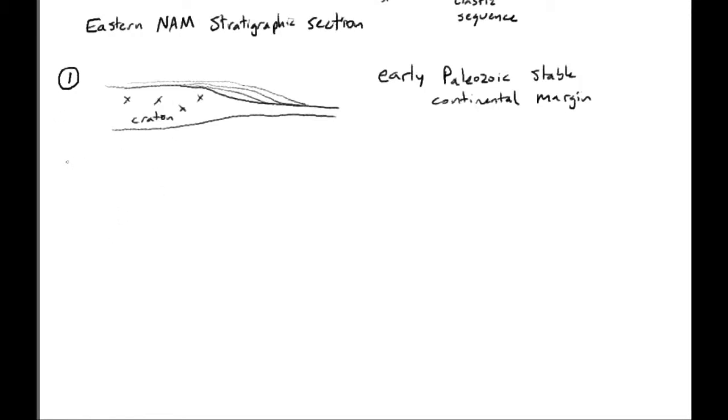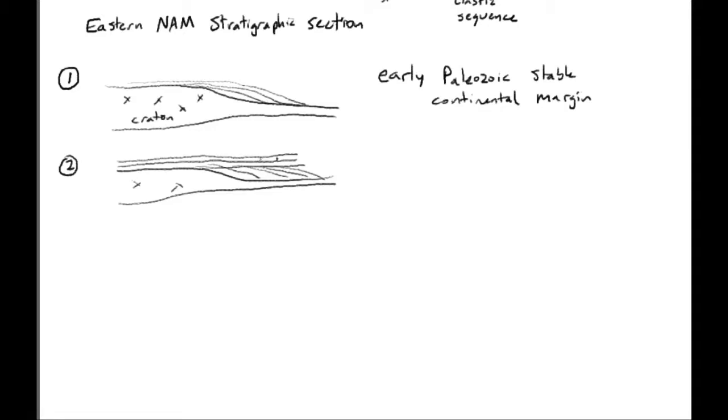All right, and then the next step in the process, we have those sedimentary rocks from before, the craton, and the temperature is warm, we're near the equator at this time. We deposit carbonate on top of what's there before.